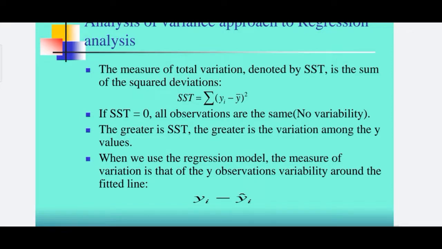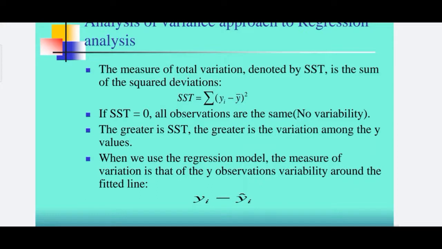The greater is SST, the greater is the variation among the y values. Okay, so if we get a high SST, it means the deviation between yi and y bar is also greater.